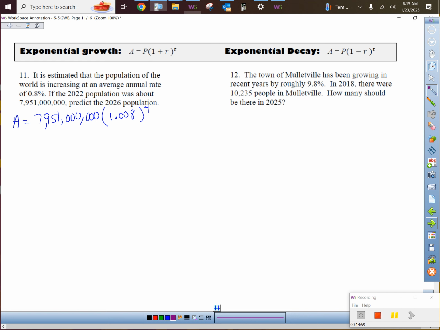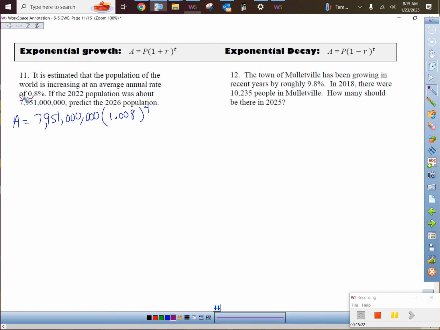And here's why I said 0.8% is a hard one to deal with: you've got to move that decimal 2 places to the left, and it is amazing how many people would accidentally put 0.08 when it needs to be 0.008, right? This decimal has to move, boom, boom, 2 places to the left.